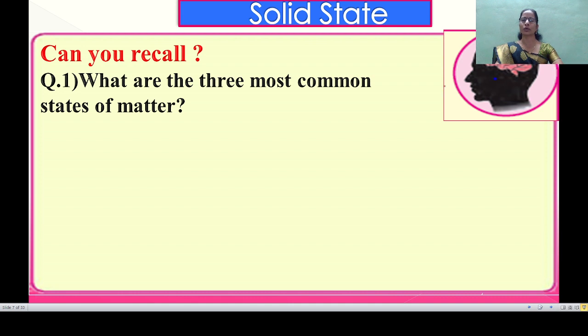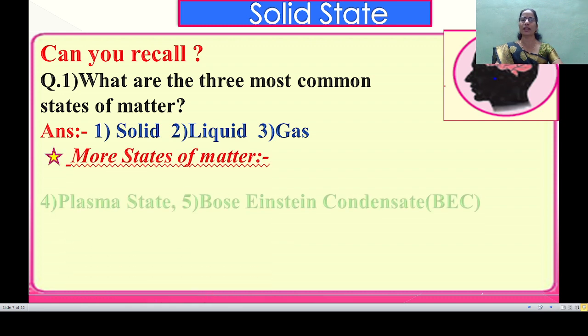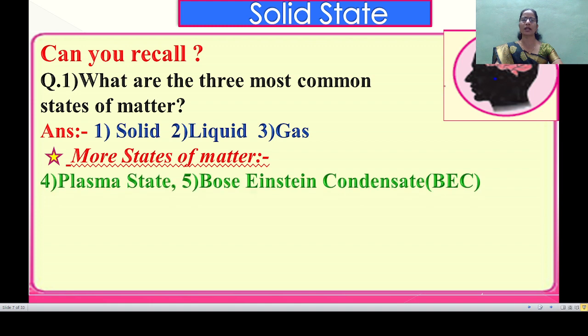I know you quickly give the answer: solid, liquid, and gas are the most common states of matter. But do you know that matter may also exist in two more states, named plasma state and Bose-Einstein condensate? Out of these 5 states, the first 4 are natural and the fifth one is man-made.